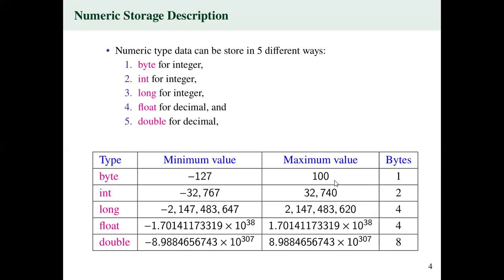So from 101 until 32,740, and from minus 128 till minus 32,767, this will consume 2 bytes. And whichever value exceeds here, which is still in integer form, will consume 4 bytes. So these 3 are for integers.